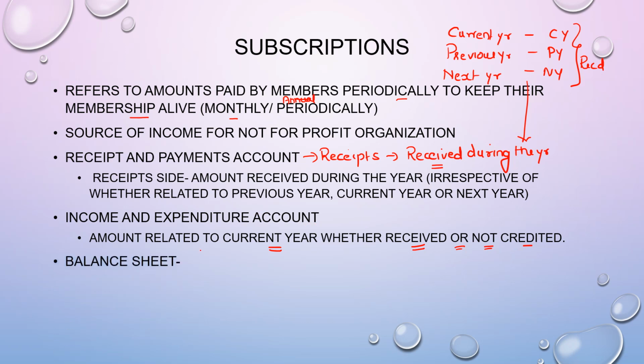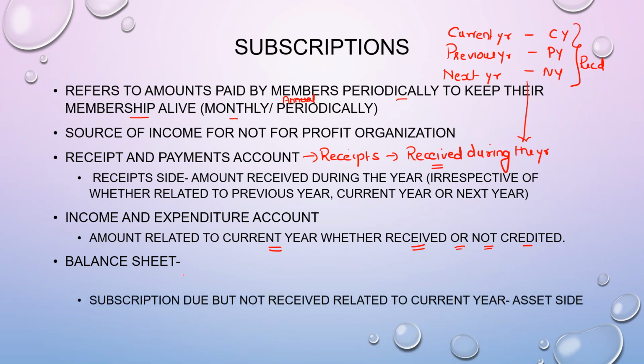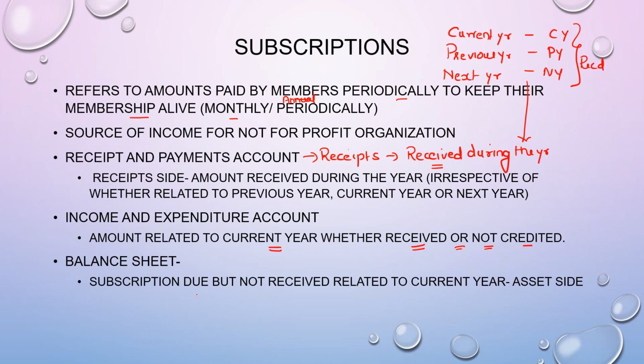In addition to that, in the balance sheet also you would be finding the subscription details. In the balance sheet, whatever subscription is due for the current year but has not been received, means it is related to the subscription which has to be paid by the members for the current year, but they have not yet paid.